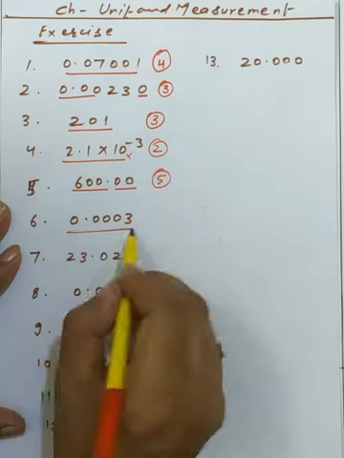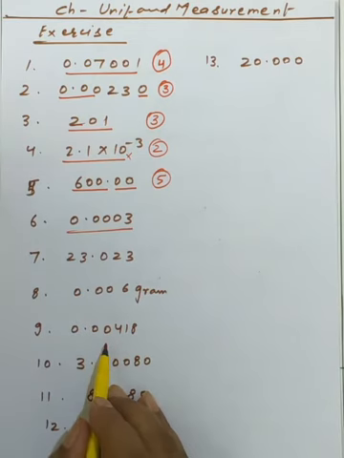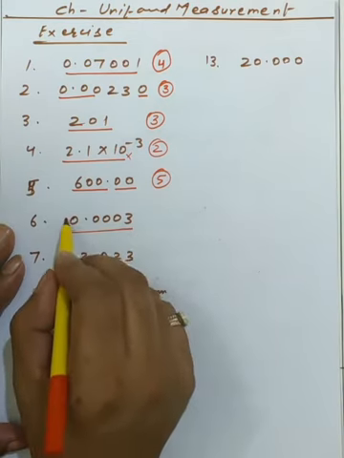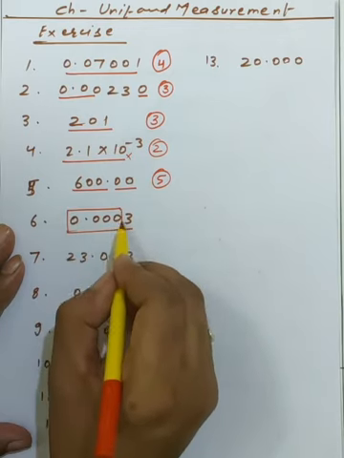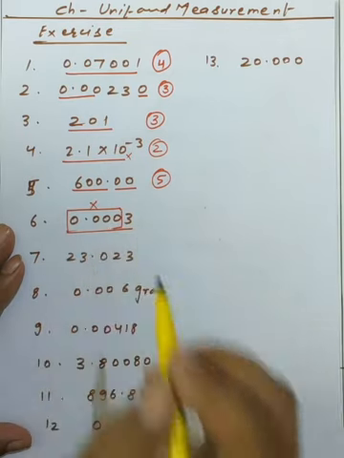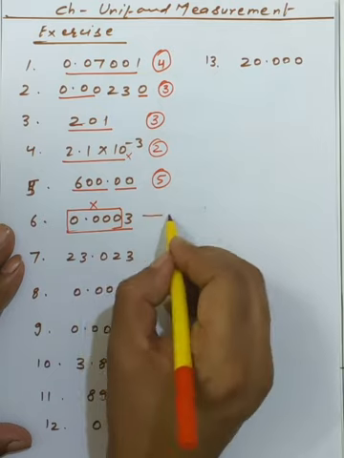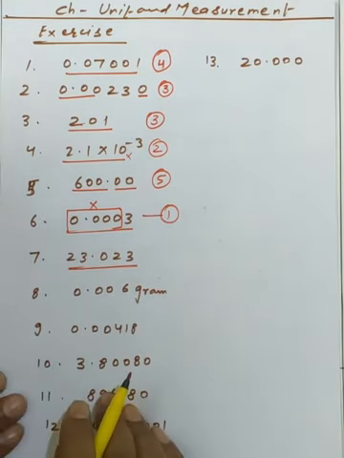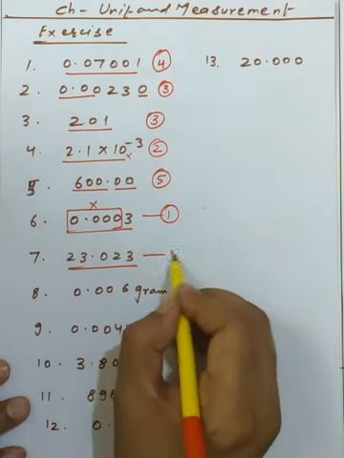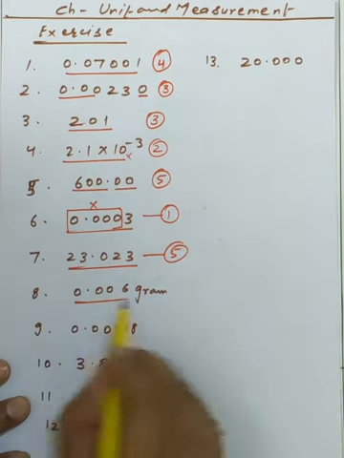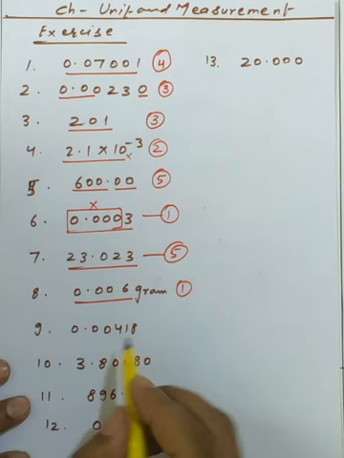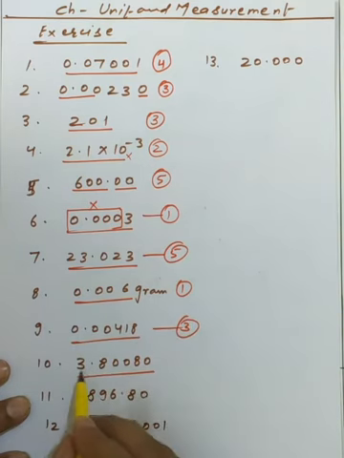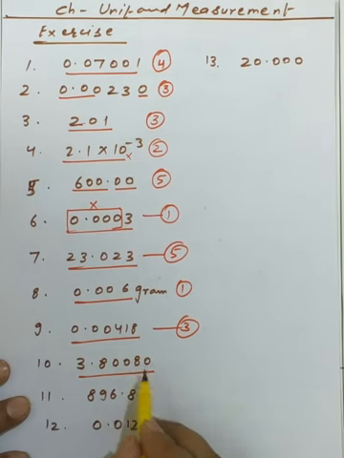Okay, now the number 0.0003. These are leading zeros and are not included in the SF, so this number has 1 SF. Now we have another number, 23.023, which has 5 SF. Now this one number has 1 SF. This one has 3 SF. This one has 1, 2, 3, 4, 5, 6, so 6 SF.